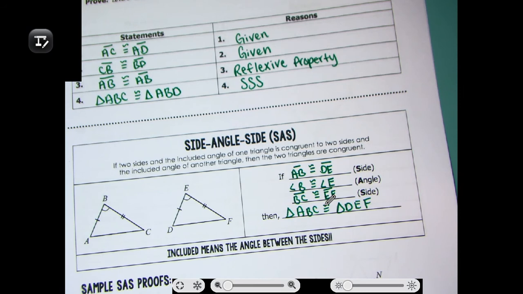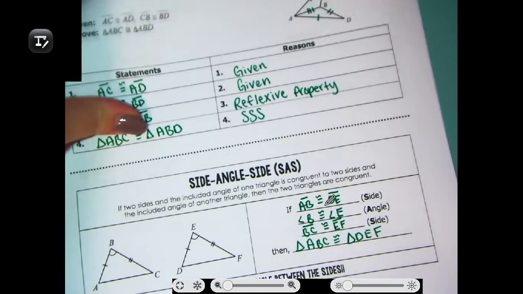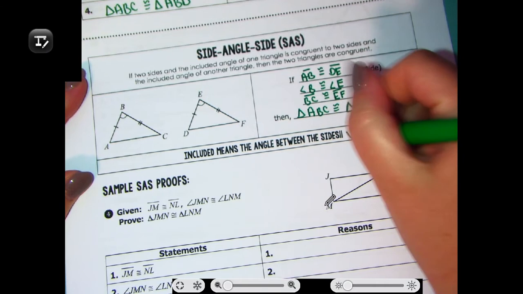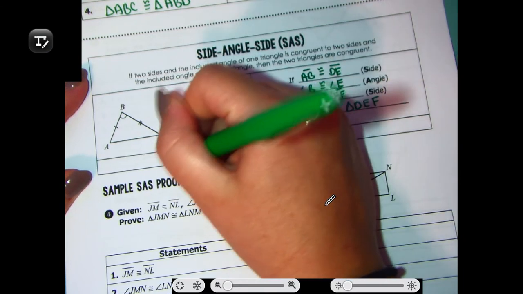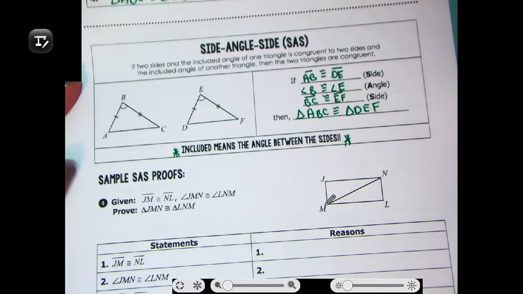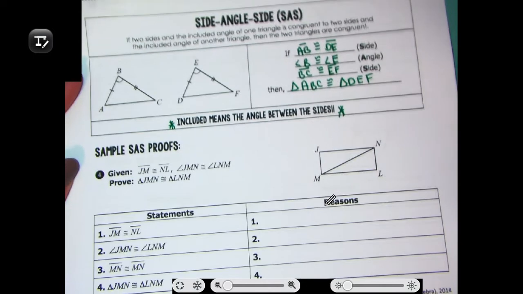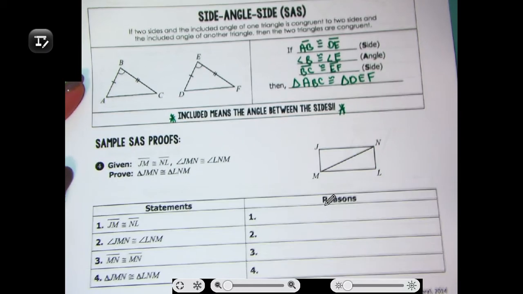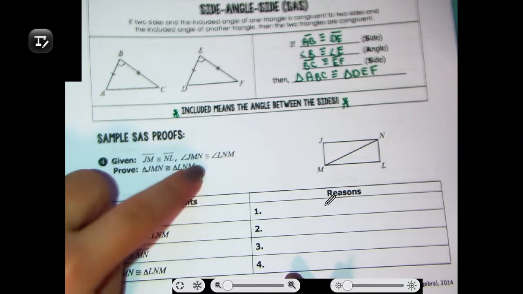So now we're going to be using that in our proof. Here's a first sample down below. Notice it says included means the angle between the sides, which is what I was just saying. So you have that as a reminder right there. On a sample proof, one indication that it's going to be an SAS proof is you are given this segment and then you're also given an angle.